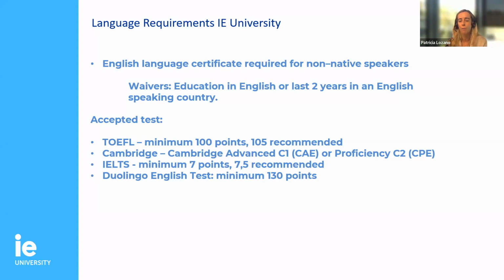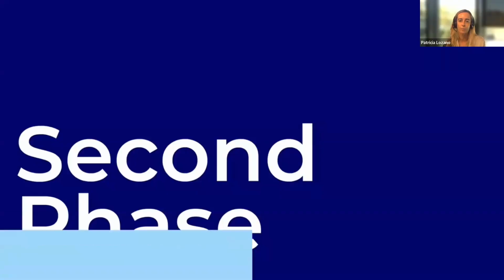If you have students coming from other regions, because we know that sometimes in international schools you receive students coming in the last years, you have to know that if they are not native, they haven't studied all the education in English, and only 1 year, for example, they should present the accepted test that you see there.